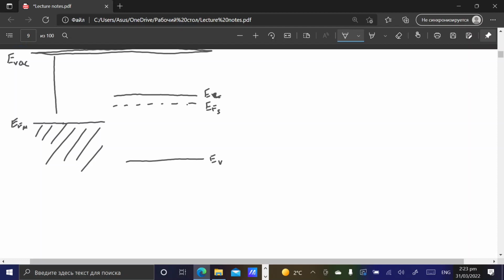So here is the work function of the metal, and here is the work function of the semiconductor. Now the key difference from the previous example: previously the work function of the metal was larger than the work function of the semiconductor. Since this is changed, what will happen when we put it together? Again, the question is about the net flux of electrons.